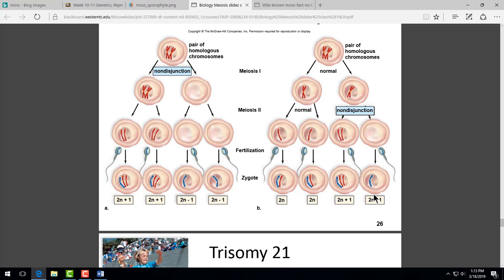Because that early conception happens, the cells divide, but when there's not enough genetic information, there's not the recipe for making a human because of a lack of chromosomes or no chromosomes, then that can't develop enough to cause a pregnancy test to go positive, and a person gets their period right on time when actually they were pregnant multiple times in a year but just didn't know it. So that's why it's important.